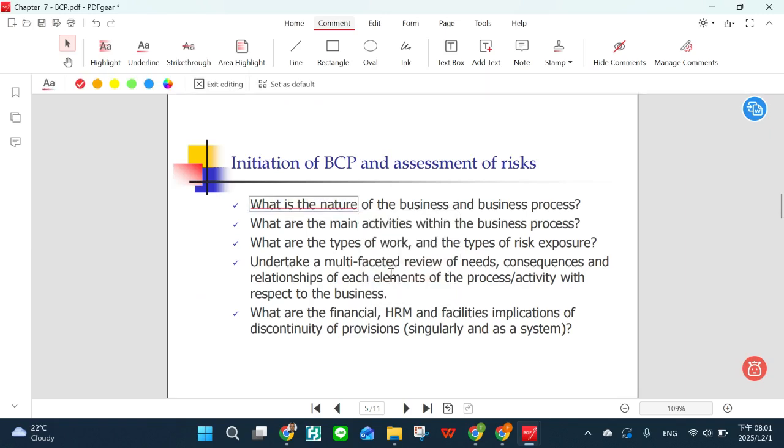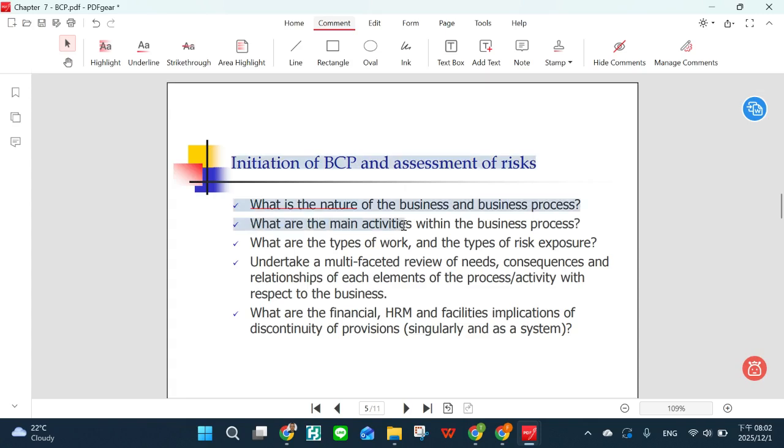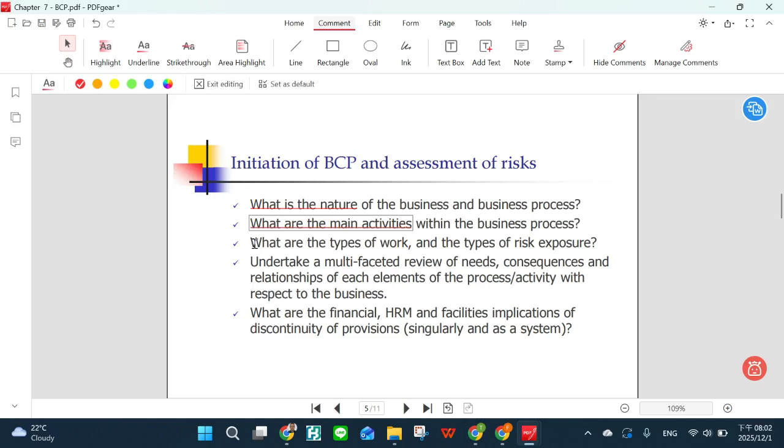What else besides the standard? Just now we went through your power and your fire. Earthquake is also a BCP. We have a tremor plan in your emergency response plan.